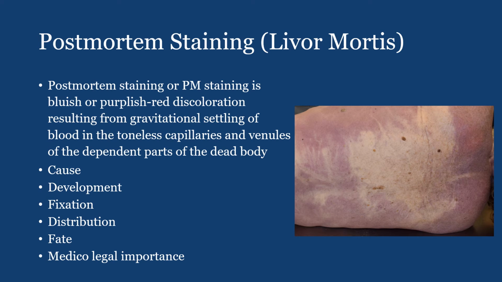In the early phase of formation, it may be confused with bruises. Abrasions or bruise marks may be mistaken for this. It may also have hemorrhagic spots on the skin due to blood diathesis, which may be mistaken for postmortem staining again. So these are the various points.